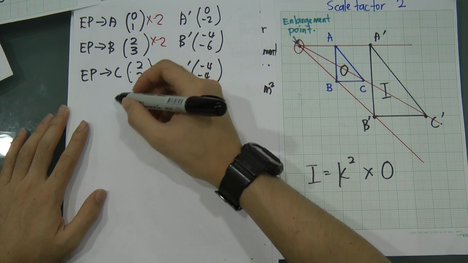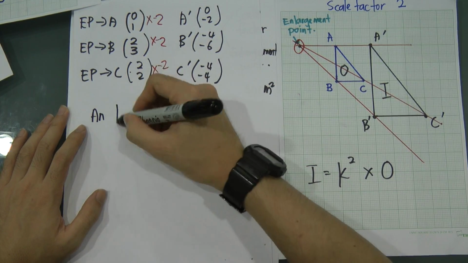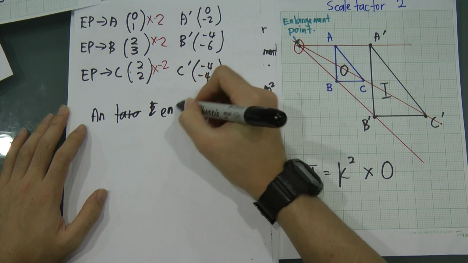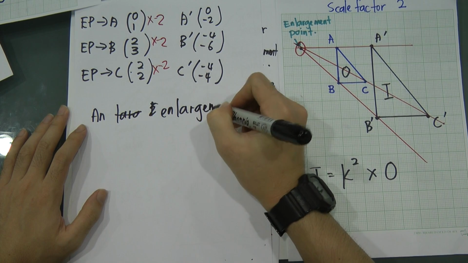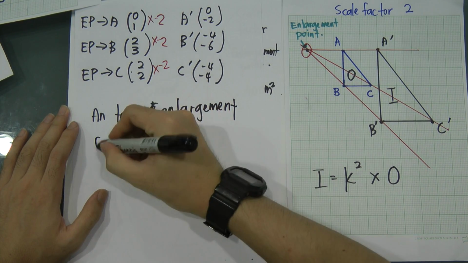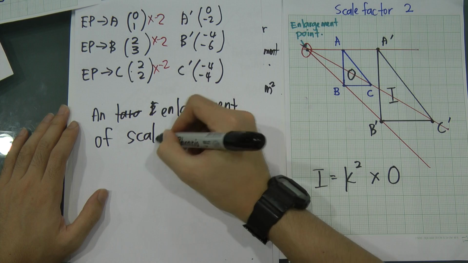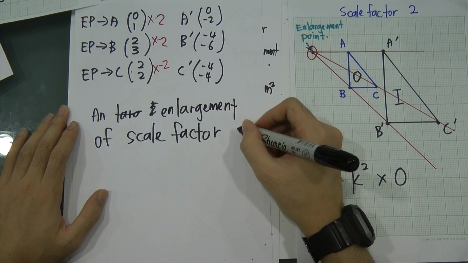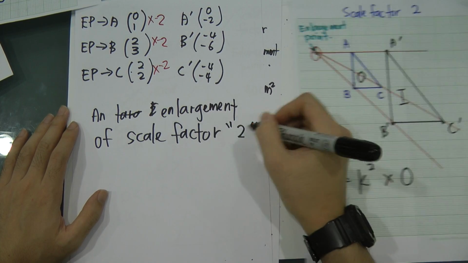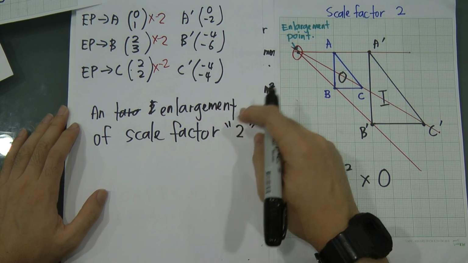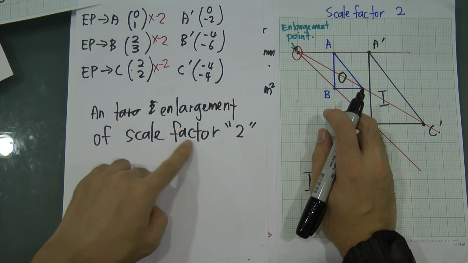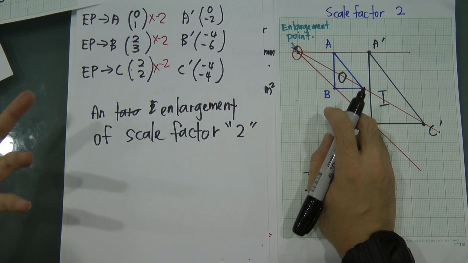So normally, I will write something like this: enlargement of scale factor, depending on what the scale factor is. Let's say the scale factor is 2, then you write 2. Of course, you don't need to put this symbol. I just let you know this value you can change. So we write an enlargement of scale factor 2 and then put a center point.